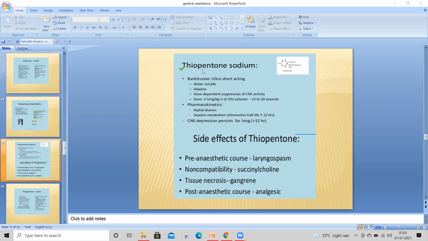And thiopentone sodium is an ultra short acting barbiturate. And this thiopentone has some adverse effects, like laryngospasm in case of pre-anesthetic course, and it may cause gangrene. Okay, these are some side effects of thiopentone sodium.